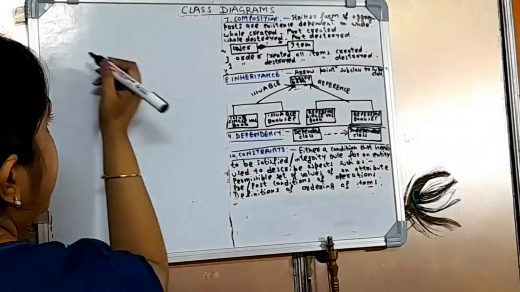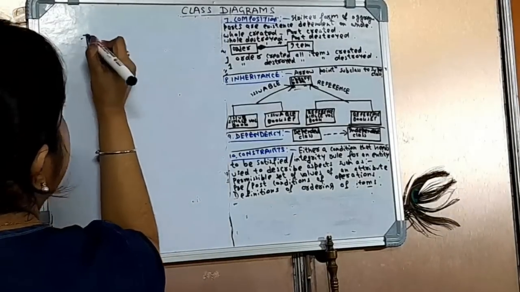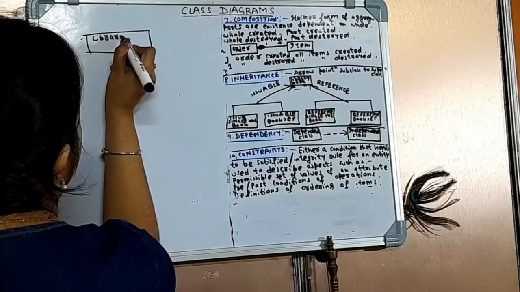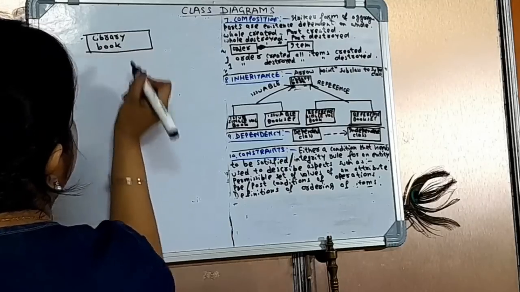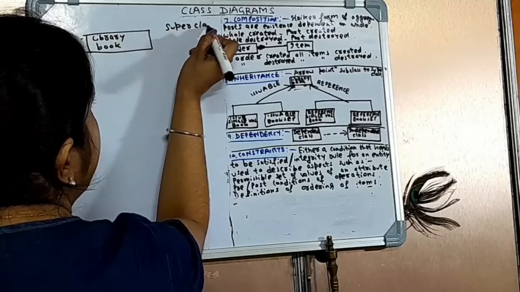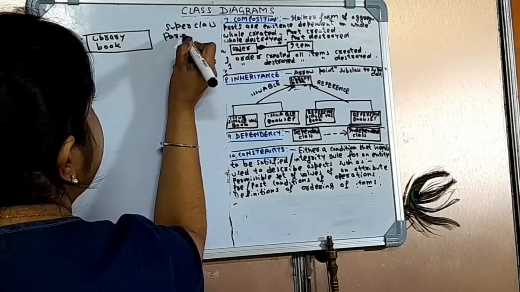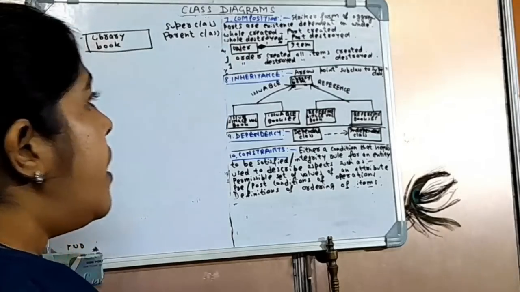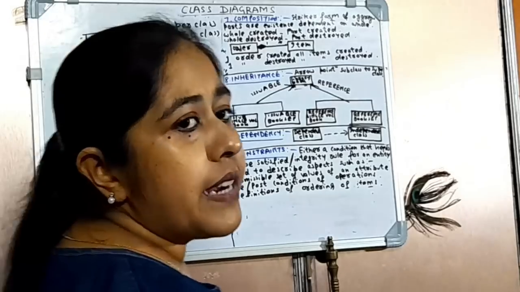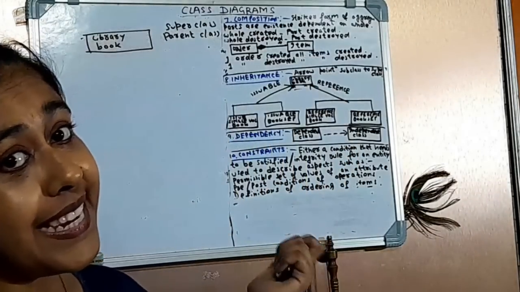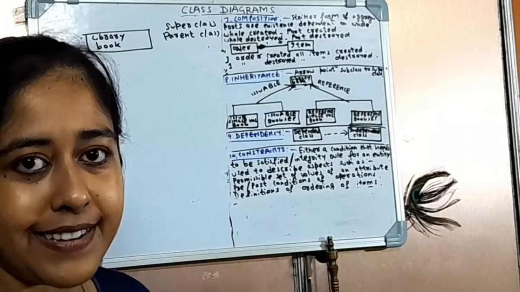So here the arrowhead is the main thing. Here I am talking about a library book. This is my superclass, that is my parent class. So, subclass to superclass. The superclass is my parent class, which is going to be inherited by the child classes.